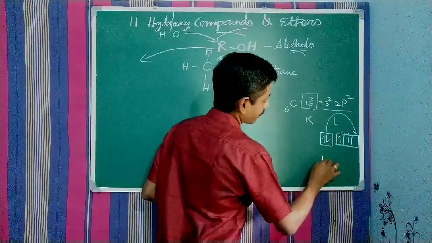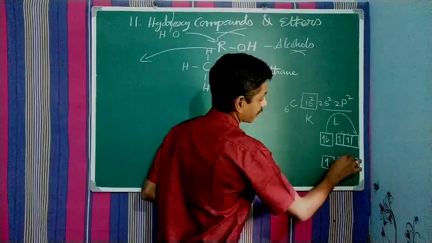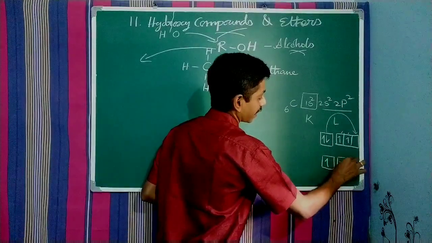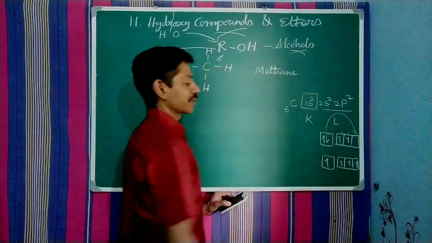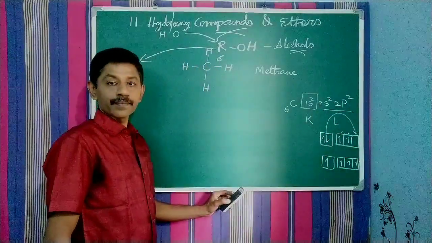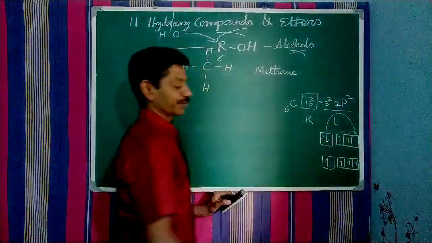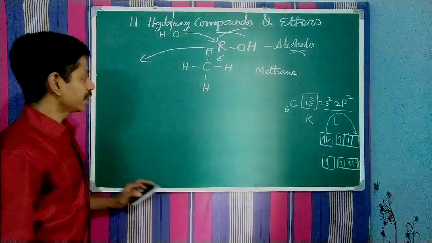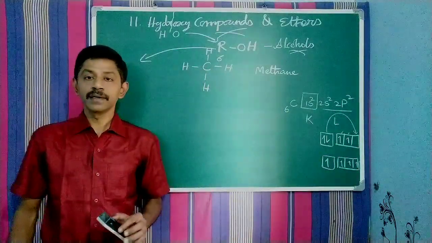After the jump, you can see all these available orbitals will carry 1 electron, because this paired electron has jumped over here. So now you could closely see the valency of carbon is 4. That's the main basic you have to understand.